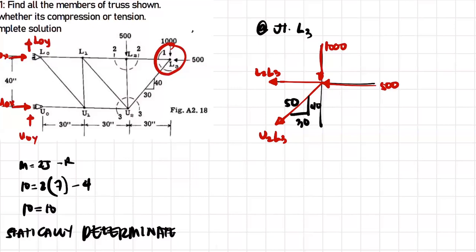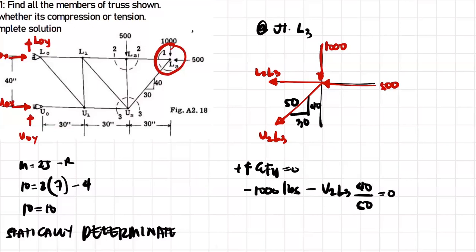From this diagram, you can get the value of U2, L3 using summation of forces Y equal to 0, going upward is positive. So negative 1,000 pounds minus U2 L3 times 40 over 50 is equal to 0.